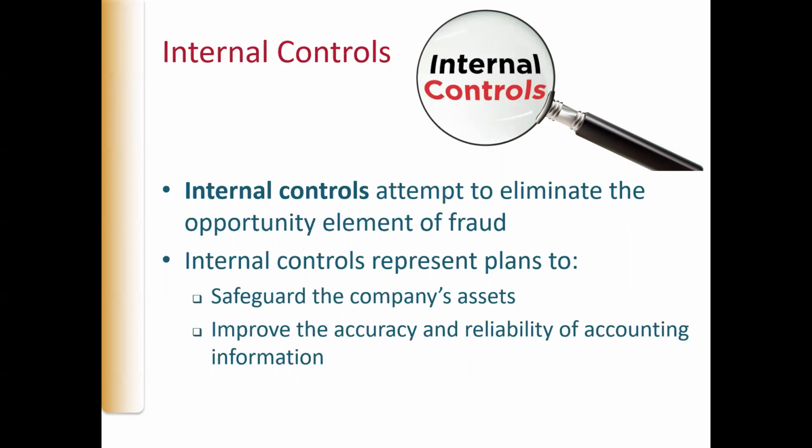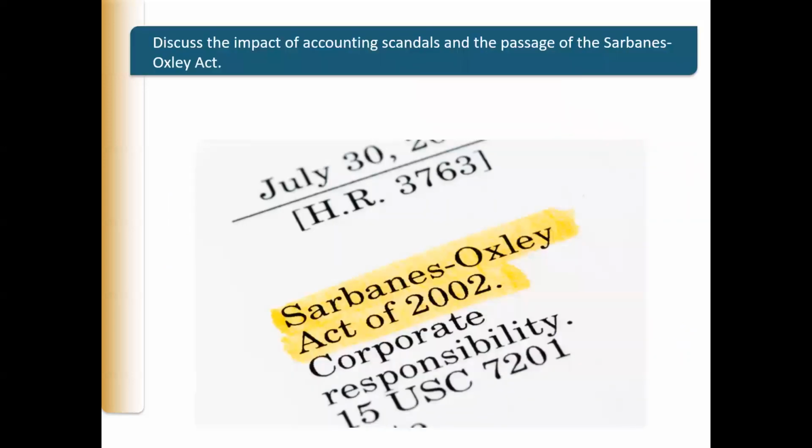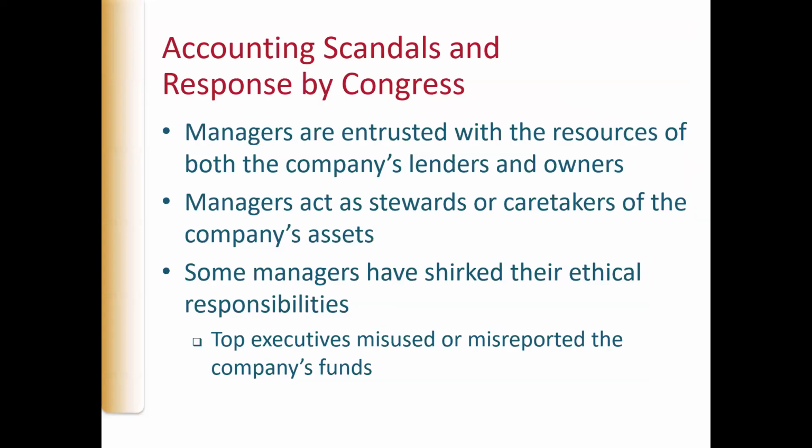Internal controls are used to protect, or what we call safeguard, a company's assets, and then also improve the accuracy and reliability of accounting information. Basically, 20-some years ago, there were all kinds of companies committing major fraud.